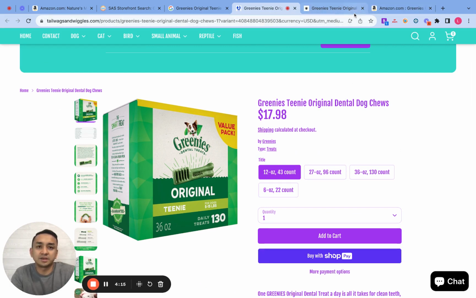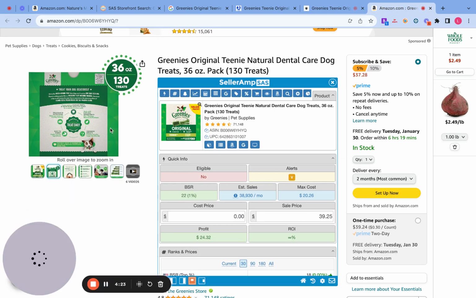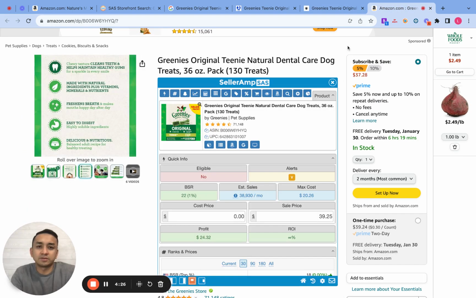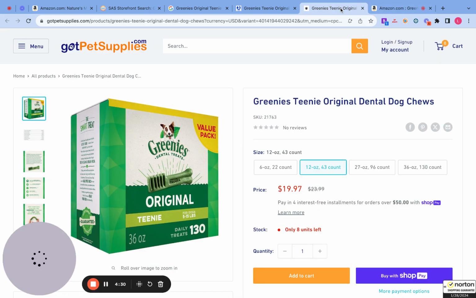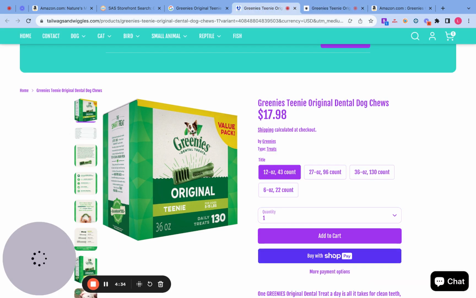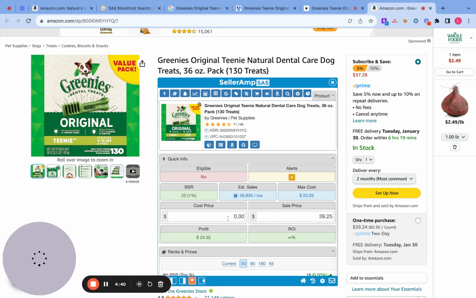I think this is it. This one could be it too. Okay. So I think that's it, right? 130 for dogs, 5 to 15 pounds. Okay, same. It looks the same. So if you run the numbers, $19.97, I think, okay, it's good.